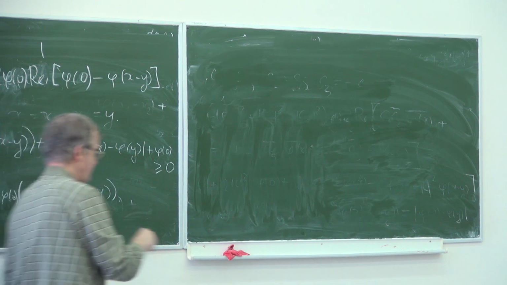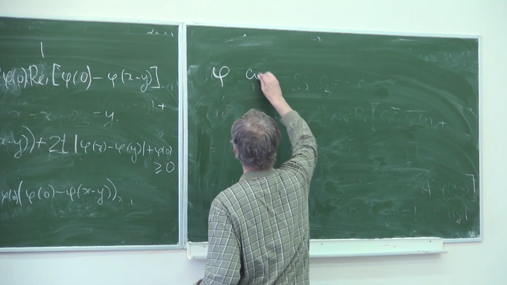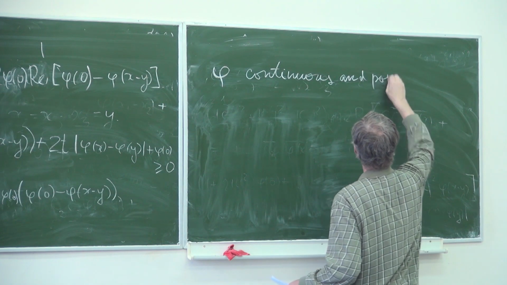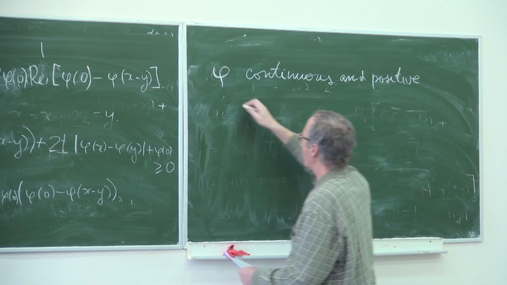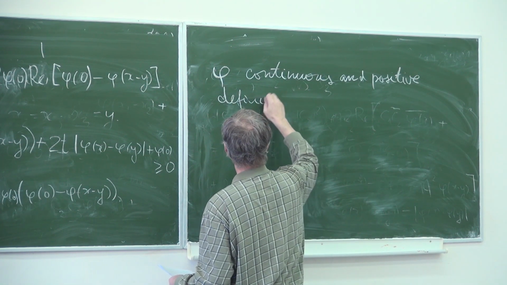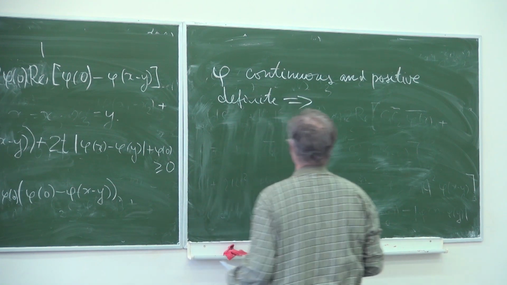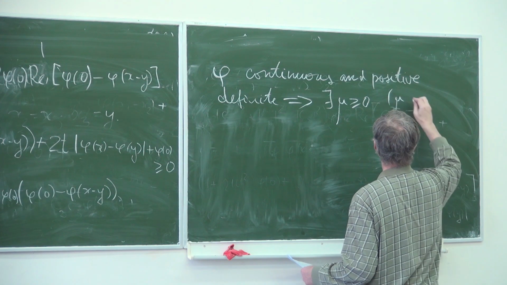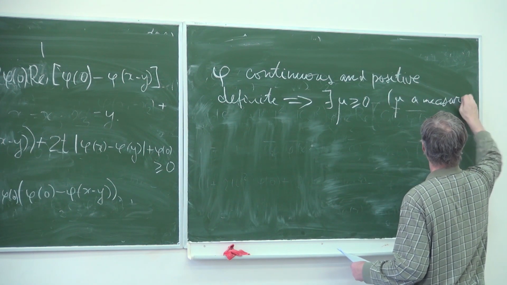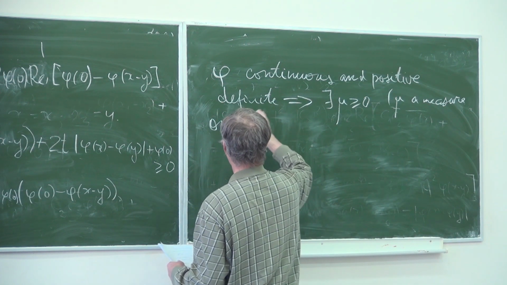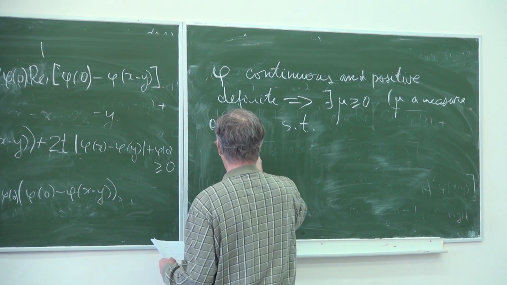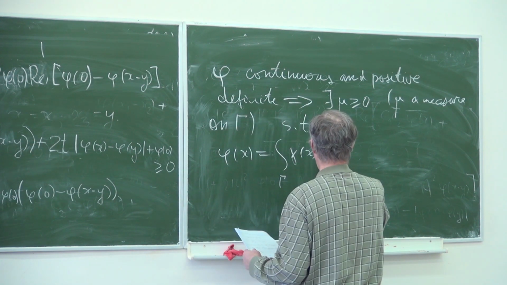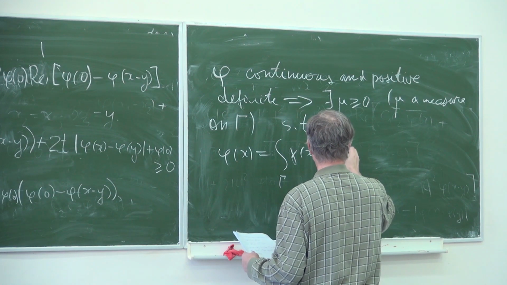The statement is that if phi is continuous and positive definite, then there is a non-negative measure mu on the group gamma such that phi of x is equal to the integral of little gamma of x d mu of gamma.